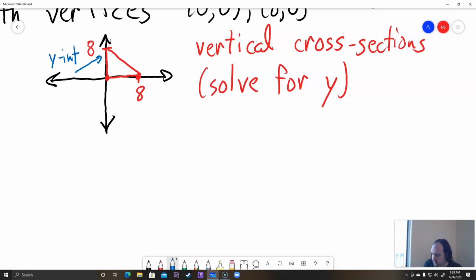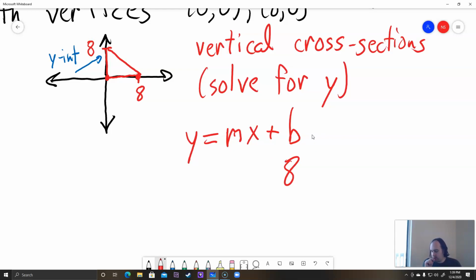So what we can do is write down y equals mx plus b. Right, that's the standard form of a line with y-intercept b and slope m. Okay, and then we can figure out what this line is. We know that the y-intercept has to be b, which is 8. Okay, so we're going to have 8 there.